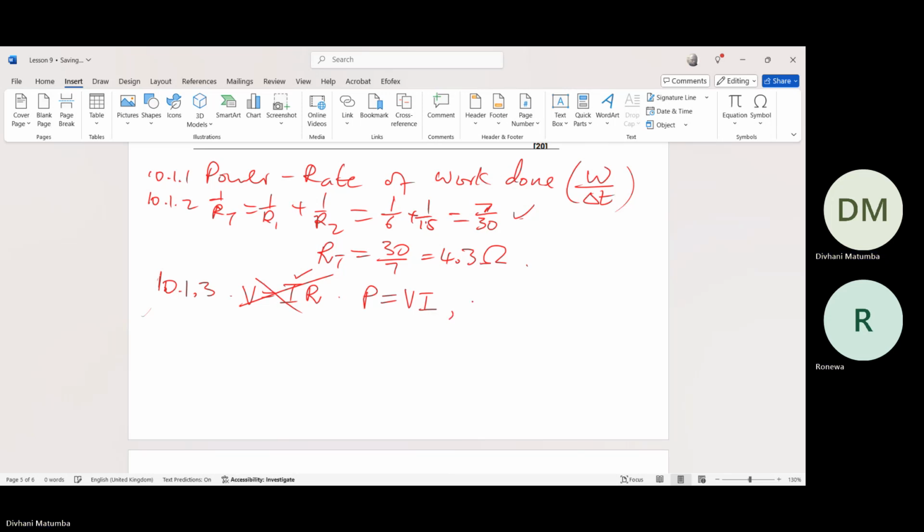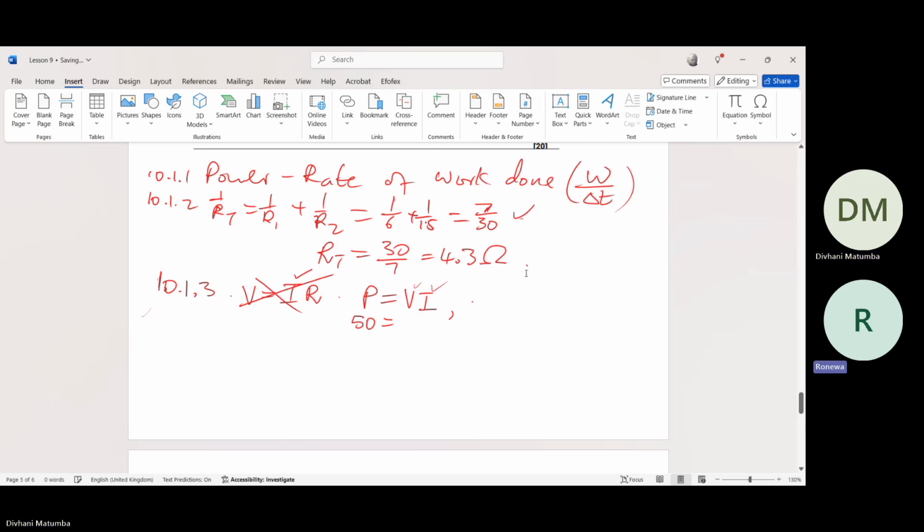And we are given the power, which is 50. 50 is equals to, we're looking for V, so V multiplied by I. Do you have the value of I? Possibly not.